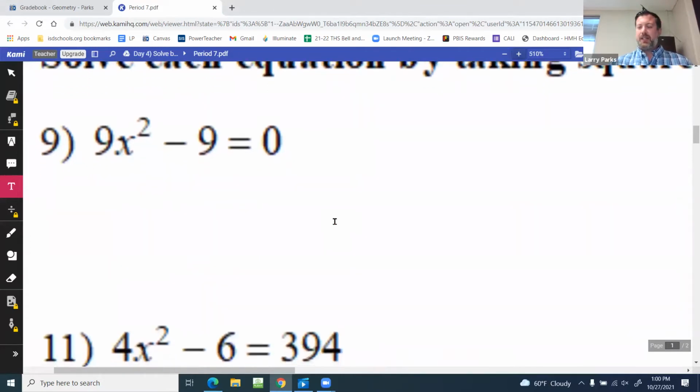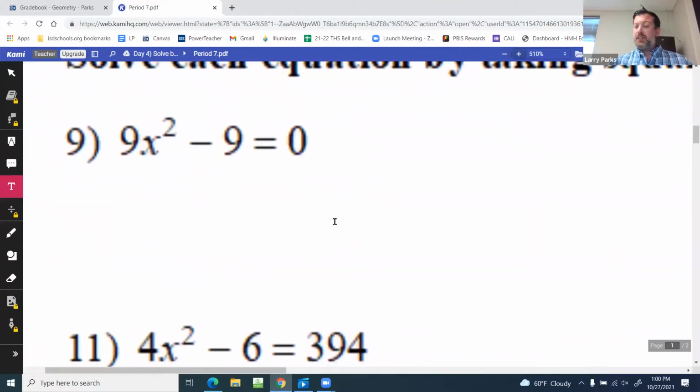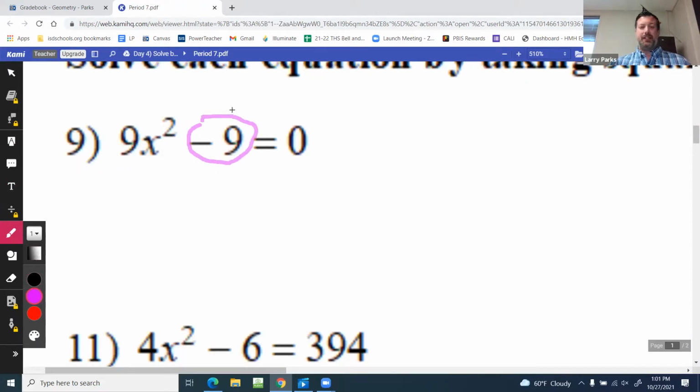It says solve by using square roots. I could solve by factoring, but I am going to actually solve by using square roots. And here's what you do. You're going to take that -9 and move it to the other side.